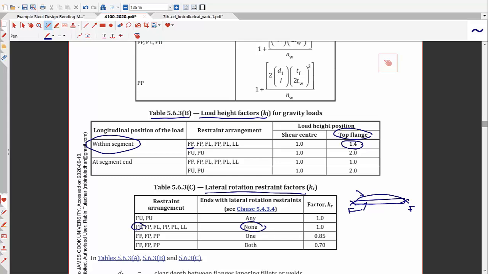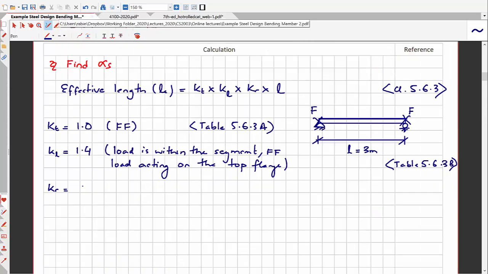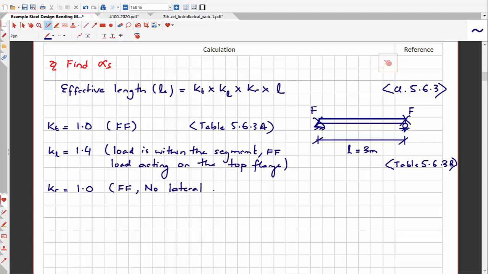And the restraint arrangement is FF, both of them FF, so it is 1.0. That is the worst case scenario. So we are taking the KR factor as 1.0 because we have FF condition and no lateral rotation restraining. That is coming from table 5.6.3c.